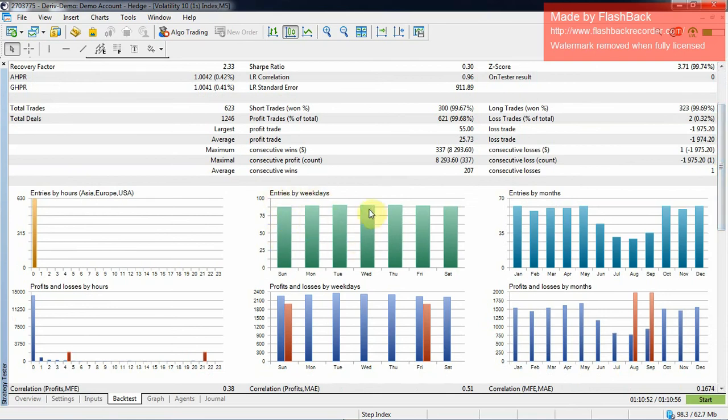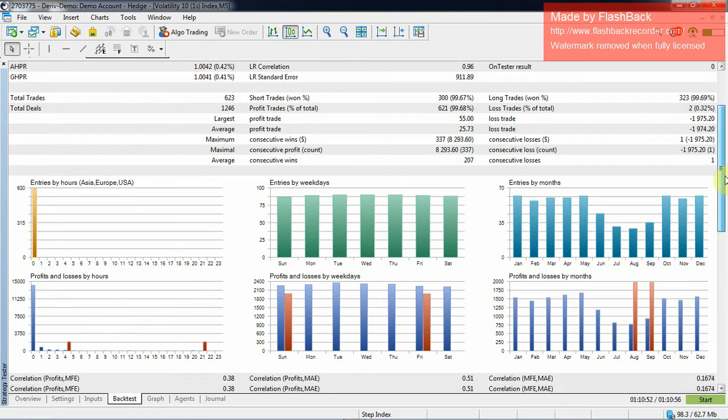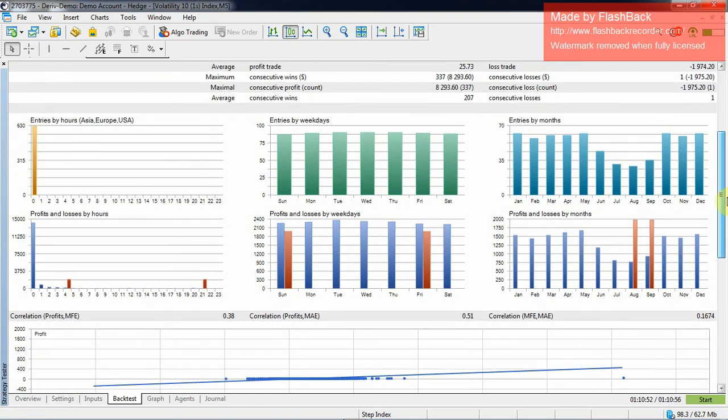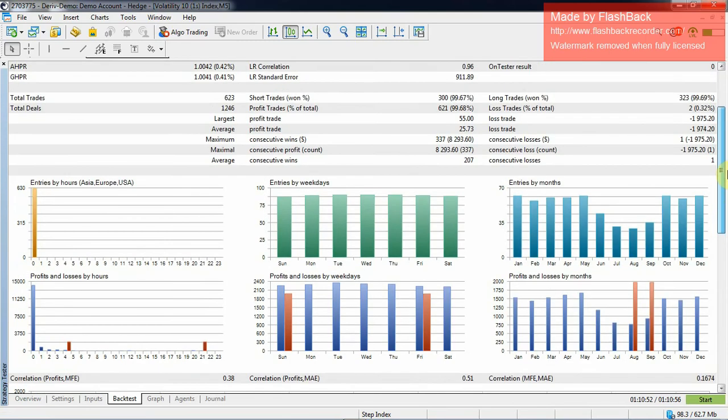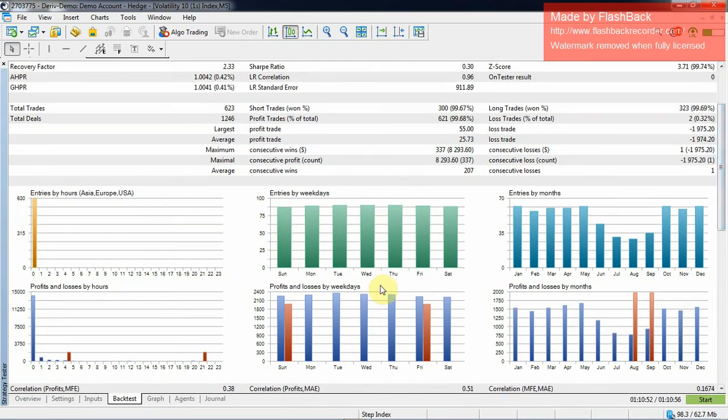Entries per day. This robot trades every day, as you can see, Monday, Tuesday, and all those days. So you can check things you would like to check there.